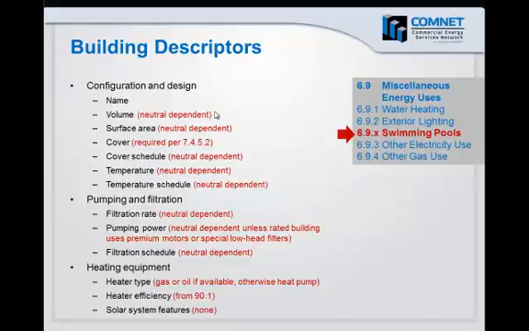The efficiency of the heater is specified by 90.1, and the baseline pool has no solar thermal. So if there is a solar system for heating the pool, this would be offered as a credit. And again, the baseline specifications I've shown here in red.